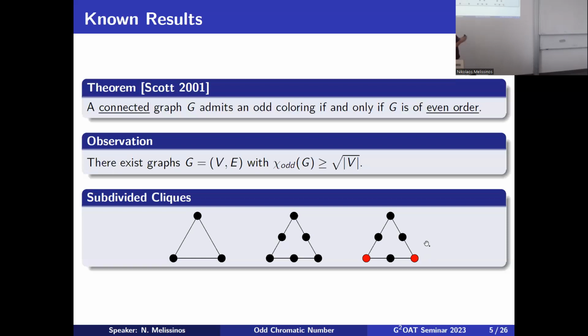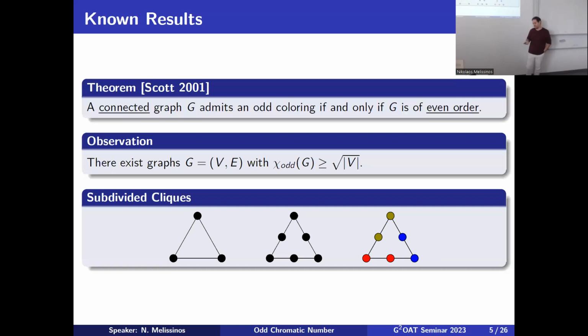So the original vertices must have different colors, and this gives us a lower bound of square root of n. So we don't have a constant such that any graph can be colored with a constant number of colors.